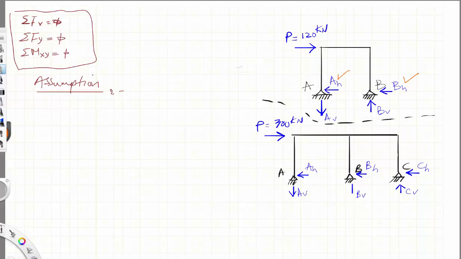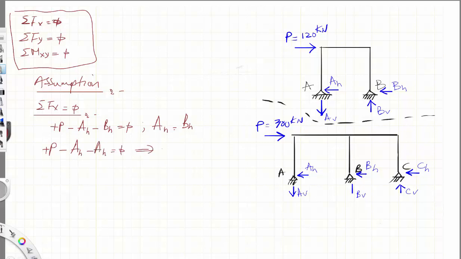If we have this assumption, then when you apply the sum of all forces in x direction equal to 0, we'll have plus P minus AH minus BH is equal to 0. Knowing that AH is equal to BH, the equation becomes plus P minus AH minus AH is equal to 0. That means P is equal to 2AH, and we have only one unknown to calculate.